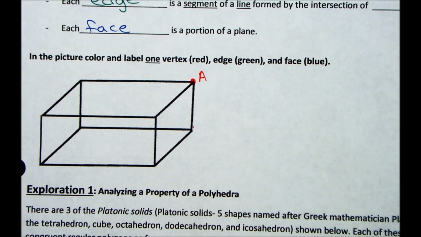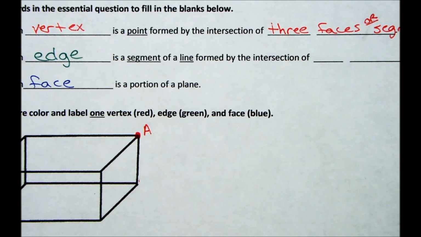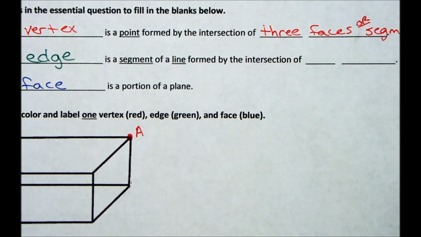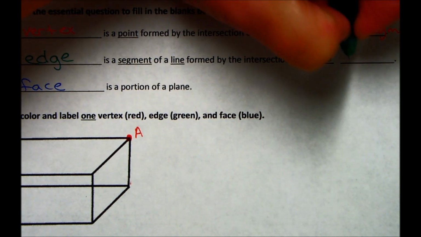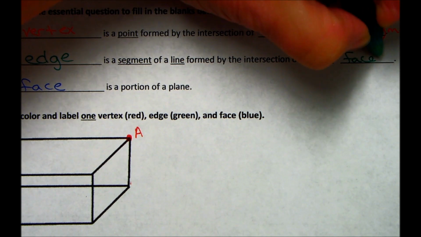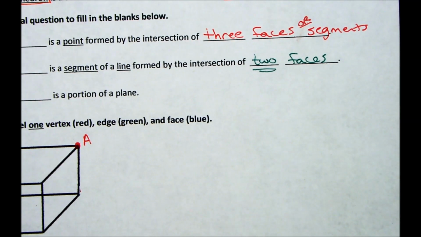Well, what about an edge? Each edge is a segment of a line that's formed by the intersection of two faces. In geometry, you probably learned that when two planes intersect, it forms a line.